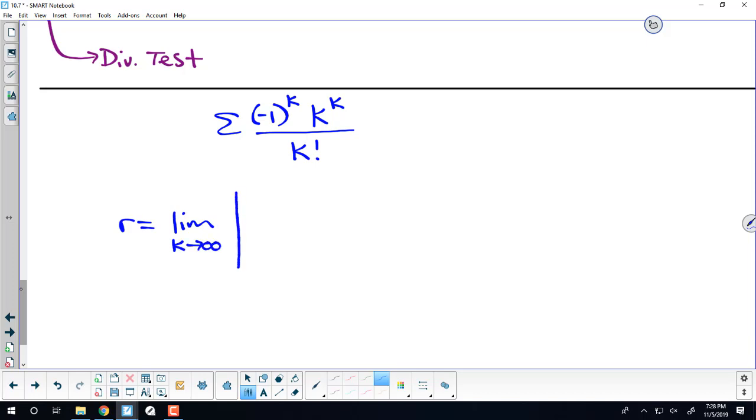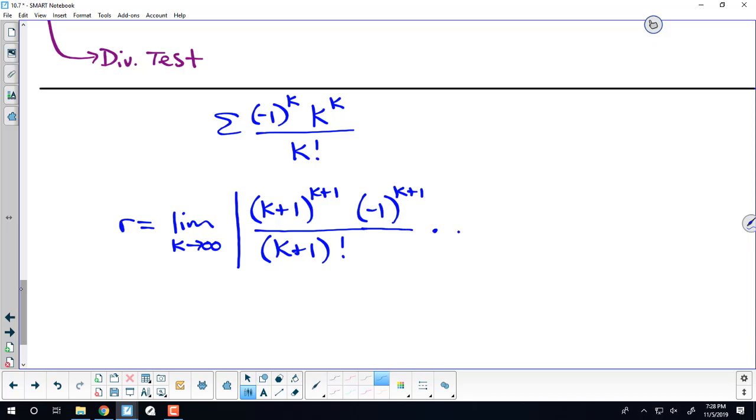So we would look at this. I'll write what we had to begin with. Oops. So that would be our next term, our prior term would be this.